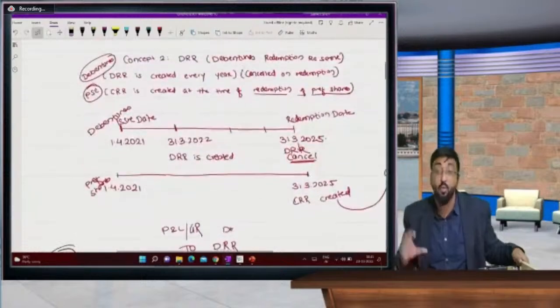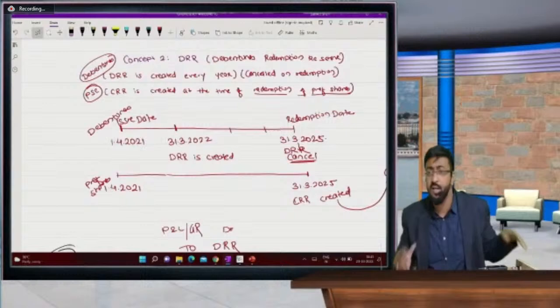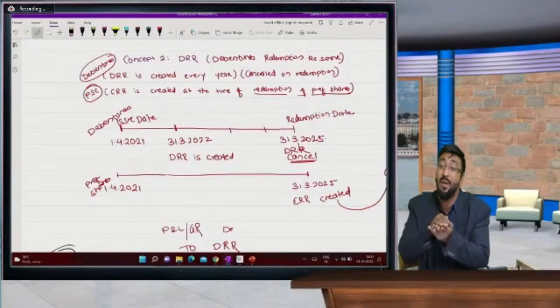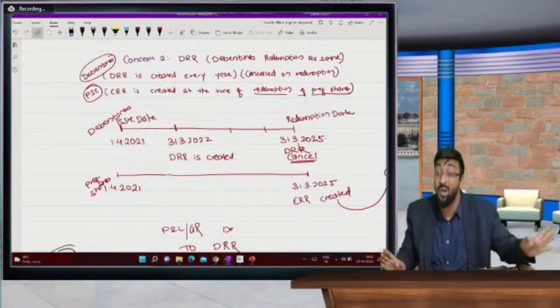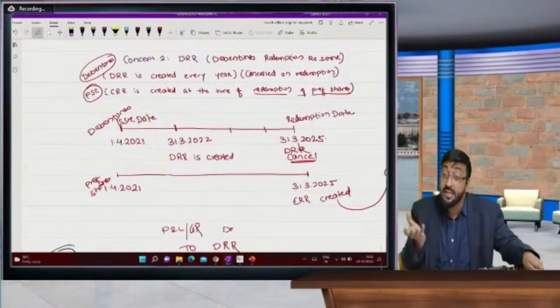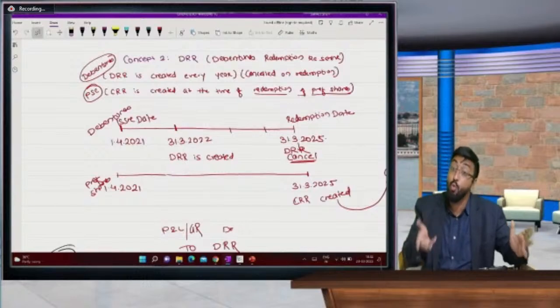So DRR. Now what is the new concept today? Sir, DRR and CRR are similar words. Yes, beta, CRR is for maintaining capital structure, which I taught you in the redemption of preference shares. But there is a difference between DRR and CRR. The basic difference is that DRR is always for debentures, remember. It is created every year, and when the debenture redemption reserve is utilized, when you are redeeming your debentures, at that time we are creating CRR.